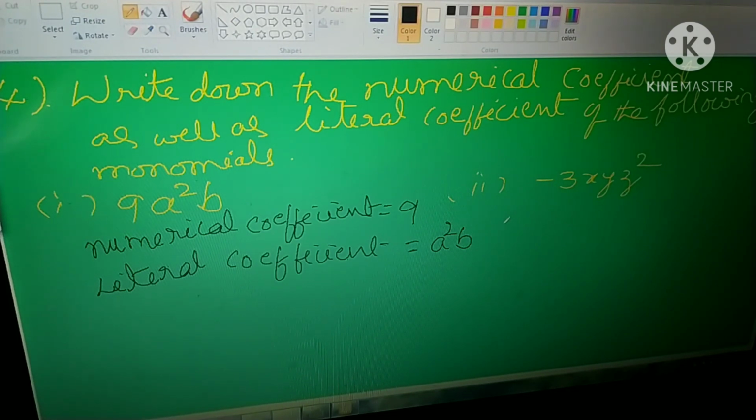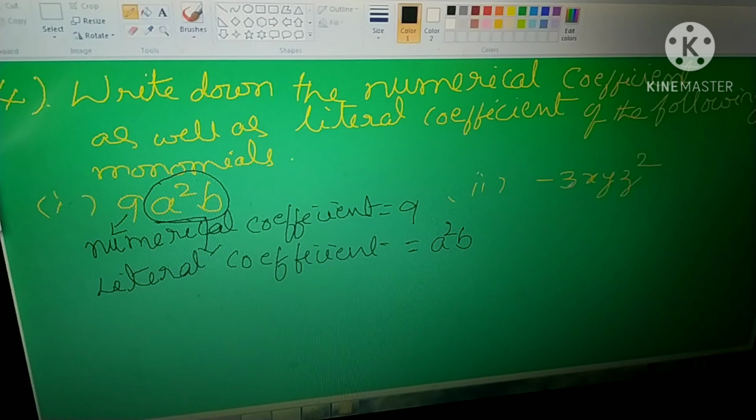Remaining all, write down that one. That is your literal coefficient. This 9 is the numerical coefficient; the numerical part is your numerical coefficient. The literal part, that means the variables part, is your literal coefficient. Understood how to write? Okay.